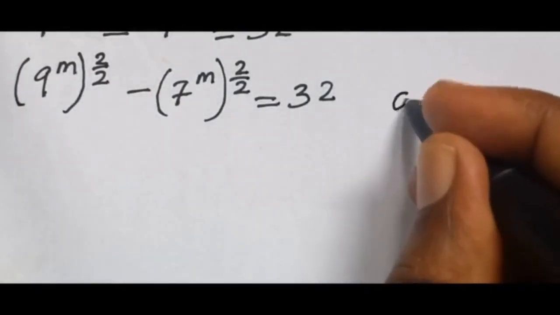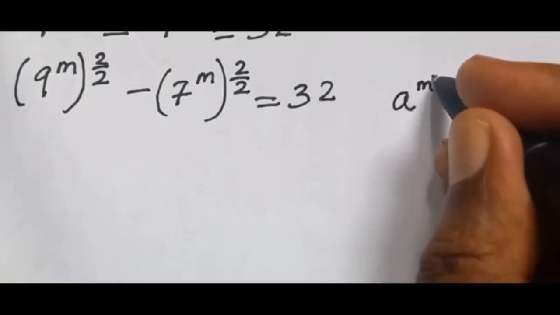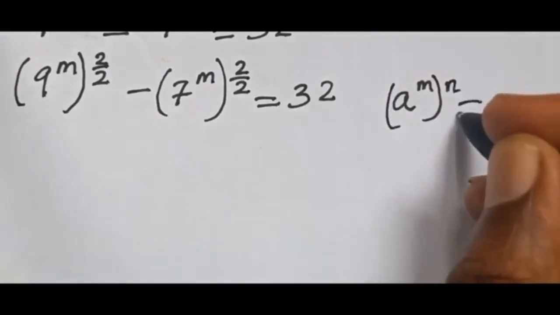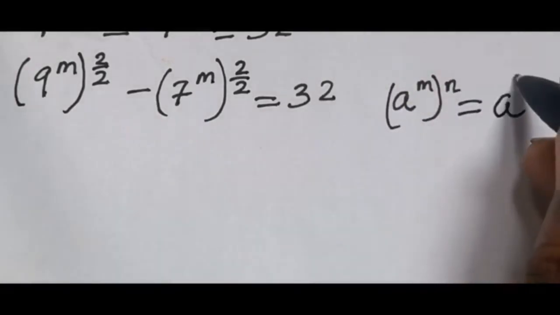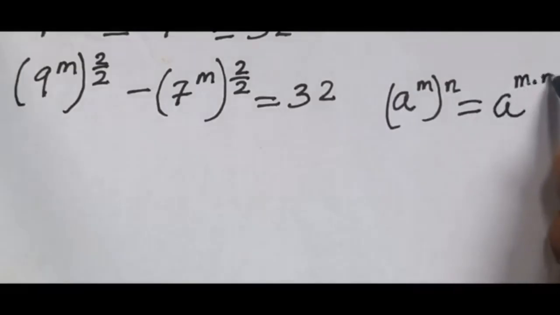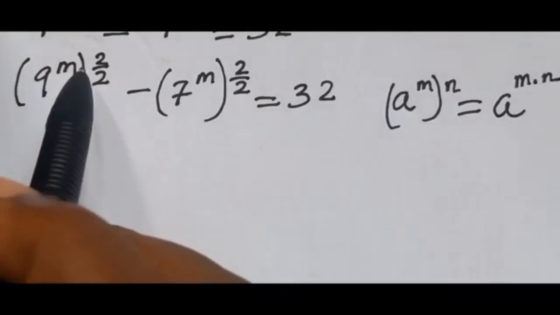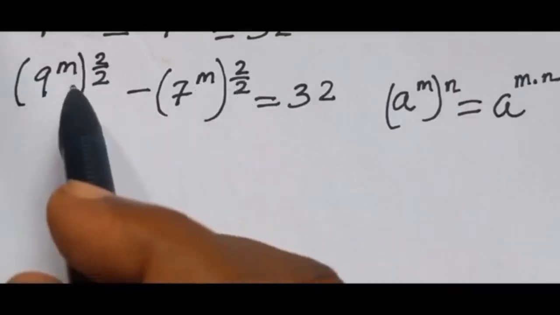In our case here, we're going to use this law of exponent, which is a raised to power m in the bracket raised to power n. This is the same as a raised to power m times n. So let us multiply m times 2 over 2.